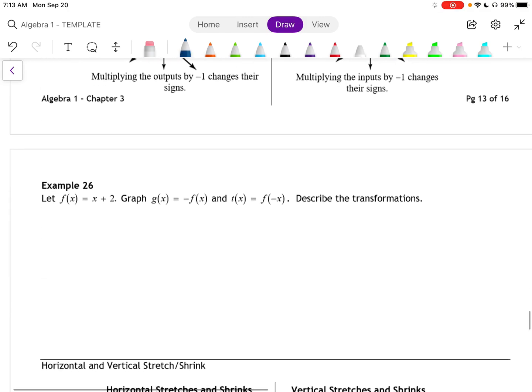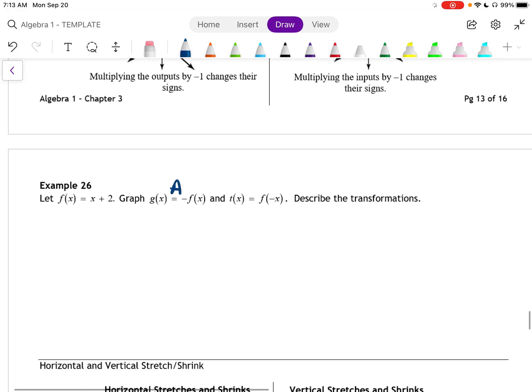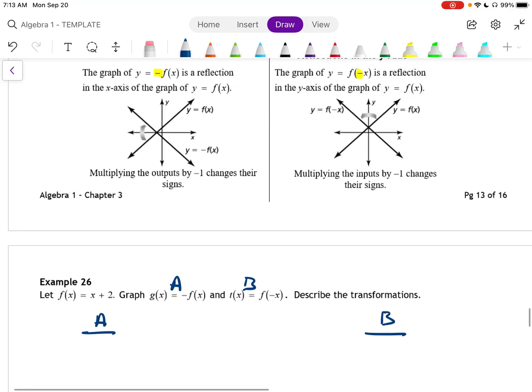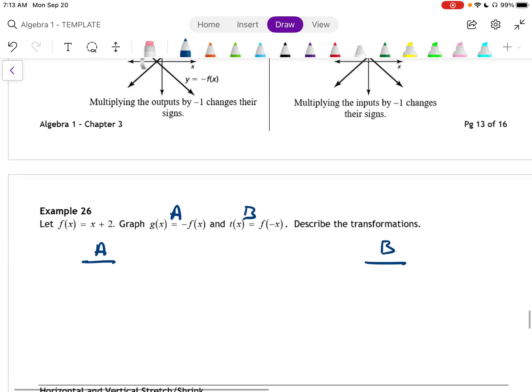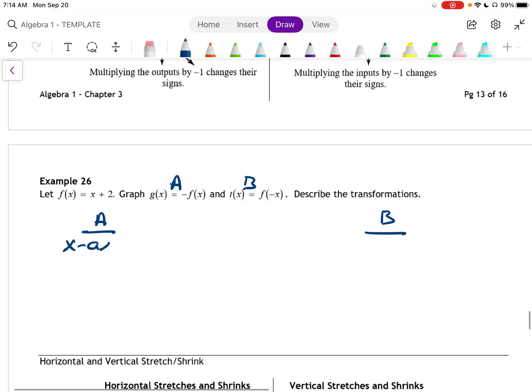So we have, we'll say this is part A, this is part B. Part A, the negative is out front, so that's a reflection over the x-axis. And then the next one, the negative's inside, so that's a y-axis reflection.